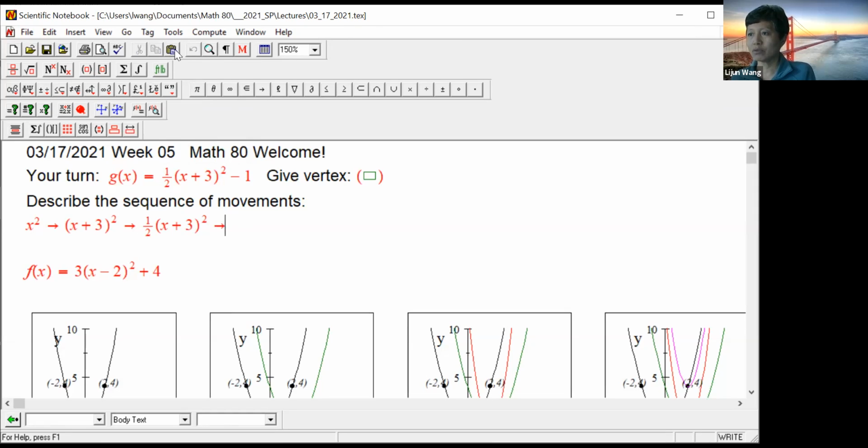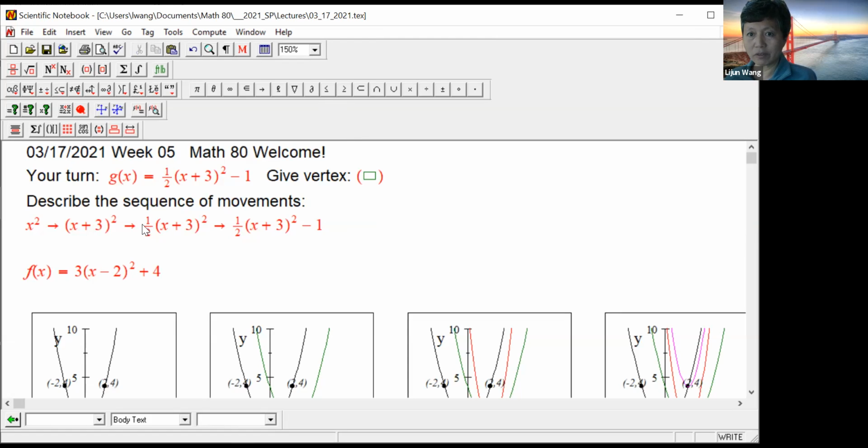So all of these represent a movement using what we just learned. From x squared to x plus 3 squared, that is shifting to the left by 3 units. After the shifting of 3 units to the left, multiply by 1/2, the curve is going to be wider.